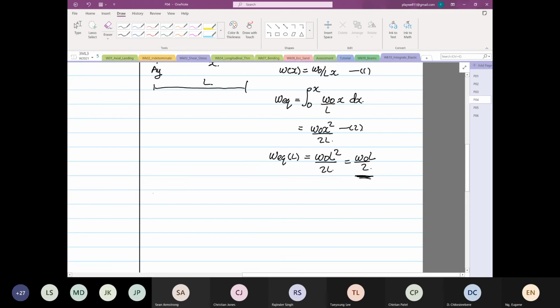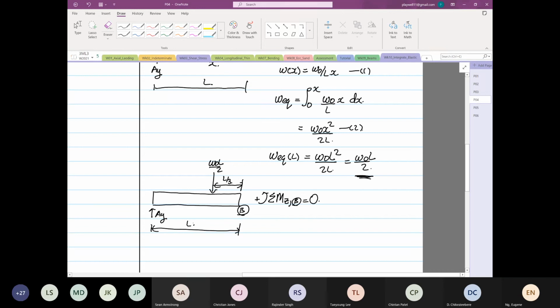Now you find your reaction. Again, I want to emphasize you only need to find AY, because we are going from left to right. Over here, this is omega naught L over 2, and the distance from here to here is L over 3. This is your point B. So you do the summation of moment in the Z direction at point B equal to 0.